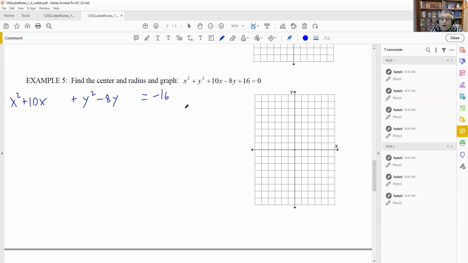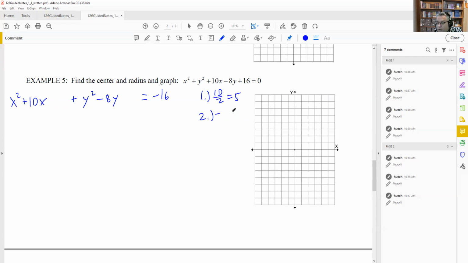Now, to complete the square, what you're going to do is take the number in front of the non-squared variable, divide that by 2, and then square it. So I'm going to write the steps down over here. Step number 1, we take the 10, divide that by 2, and we get 5.